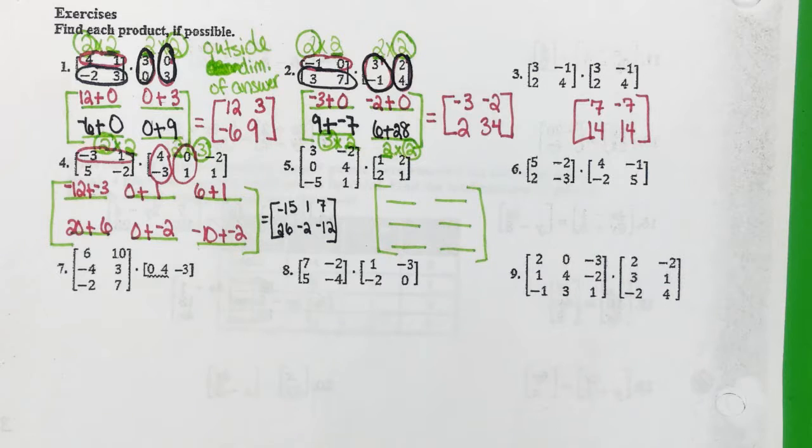Alright, here's what I want you to do. I want you to do it by hand first. Because your quiz on Thursday or Friday is just going to be by hand. You cannot use your graphing calculator on your quiz. Then after you get it by hand, try it with your calculator.